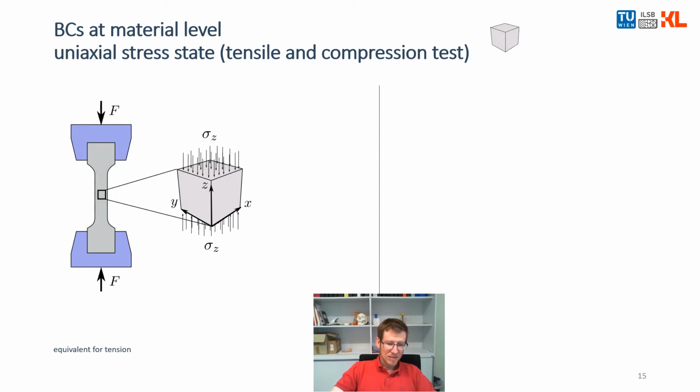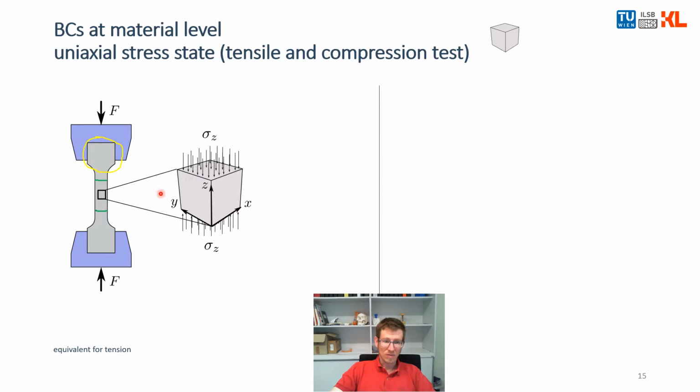And in the end, you end up with a very clear stress state within the measurement region of your sample. So maybe it's going between the green lines here. Let's imagine between the green lines, all the disturbances happening in the clamping region are gone, and we have a clear stress state, a uniaxial stress state, depicted also here on this box.